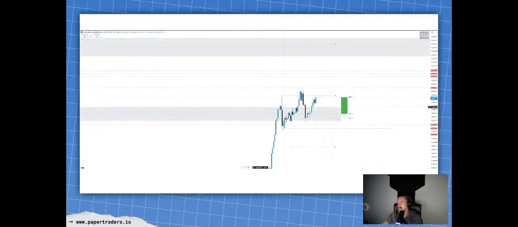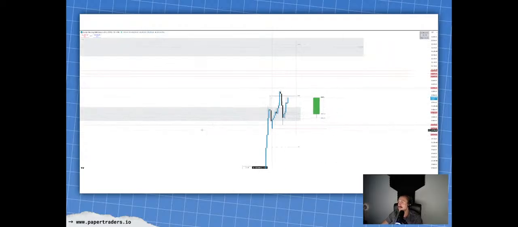We have this volume imbalance over here on the downside, which price likes to come down to. Volume imbalance at 29,865.50 on watch.